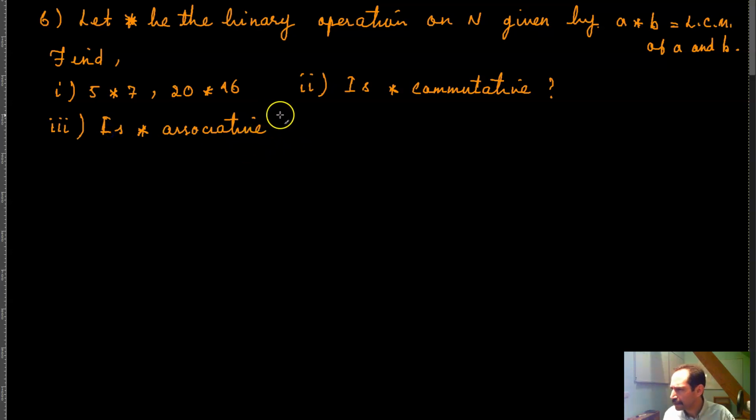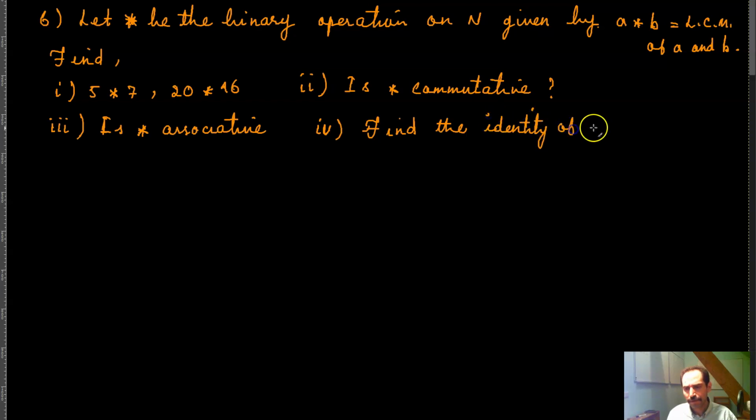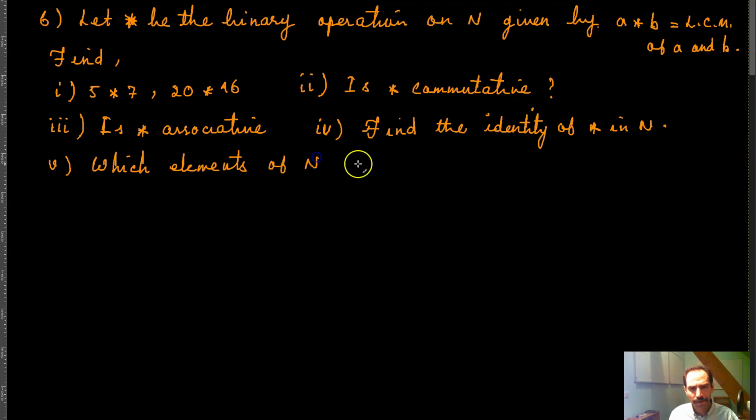Number 4, find the identity of star in N. And number 5, which elements of N are invertible for the operation star?